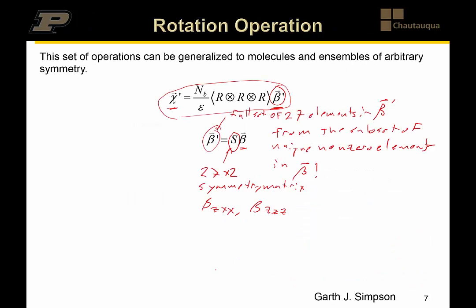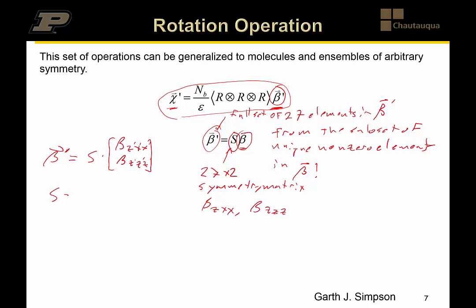So we have 2 non-zero terms, positions 18 and 26 in beta. If we go back to this symmetry matrix S, what are we going to do? I'm defining beta zxx and beta zzz as my set of unique non-zero elements, and I'm going to multiply that by S to make the full set of 27 elements. Then I know that this is the 0 position in beta.